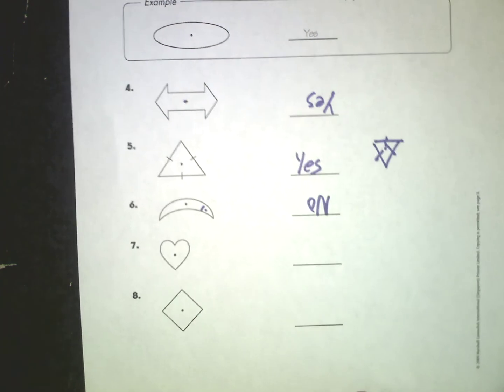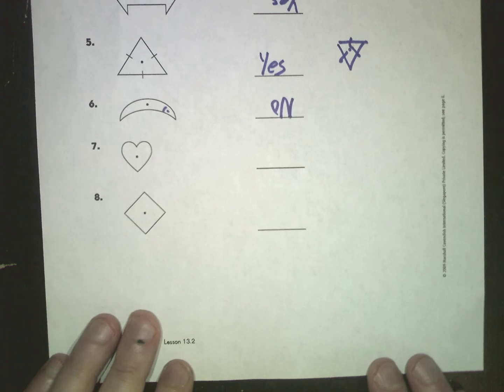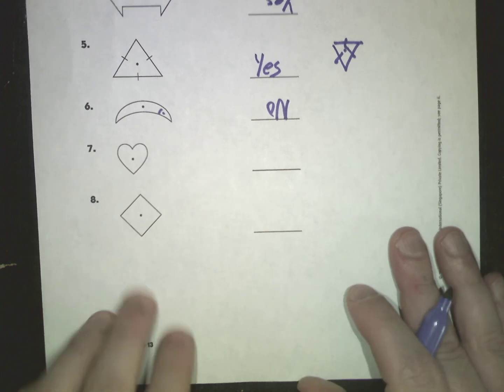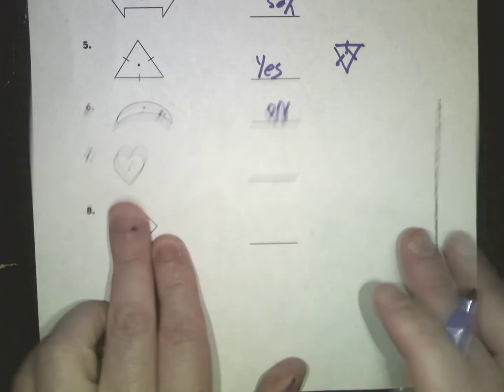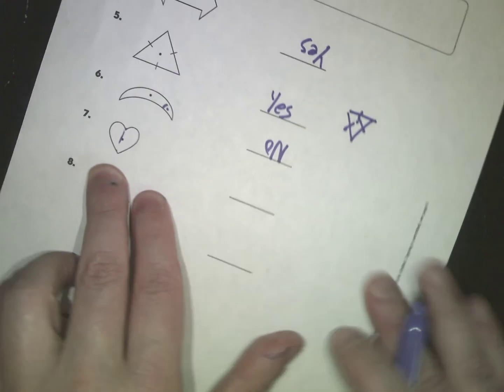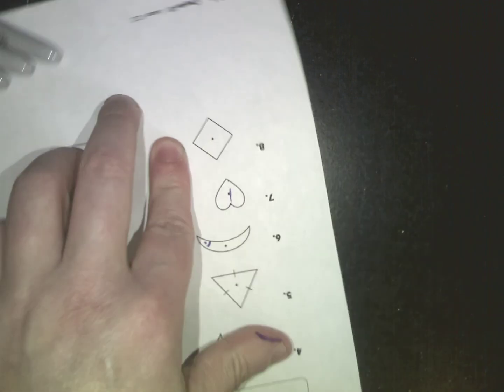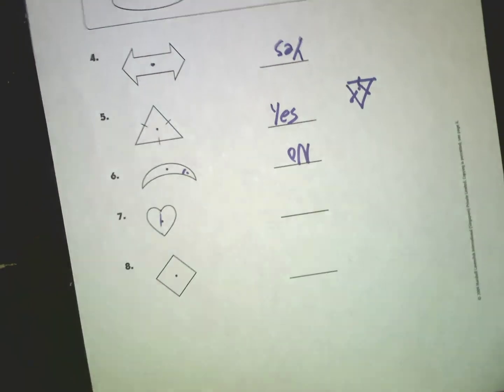Here's a good one. The heart. The heart does not. A heart only has one direction, because of the way it's made with this little point here. There's only one way a heart looks correct, with the point on the bottom and the little M on top. So this is no.